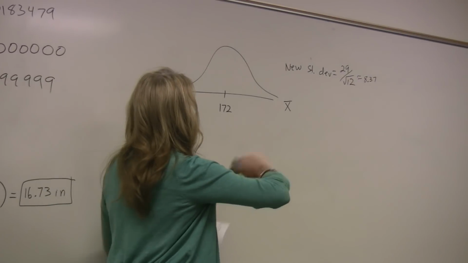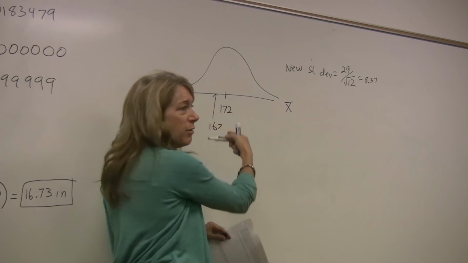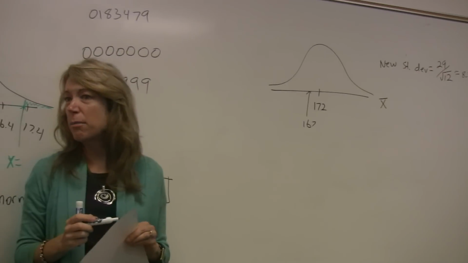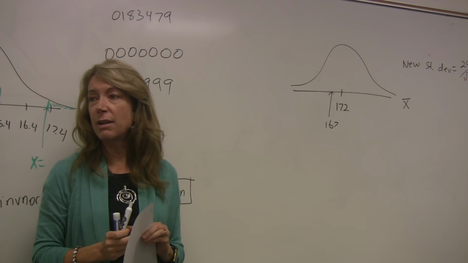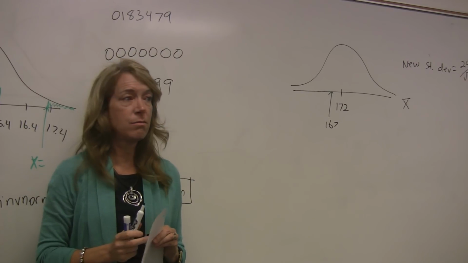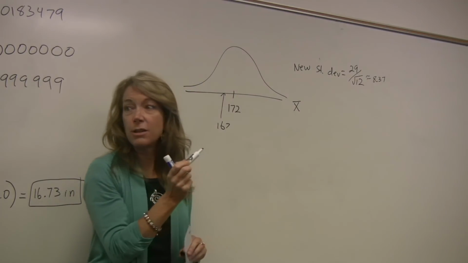167 is over here somewhere, to the left of 172, right? I'm not labeling the whole thing, I'm just going to get an idea, just finding where 167 is. Greater than means what? To the right.